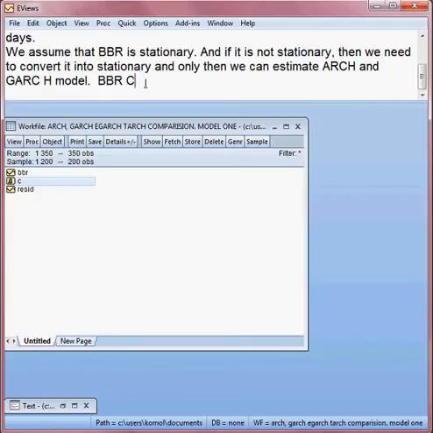And here there is no other variable. That means only these two, BBR and constant. So I first run the regression line.